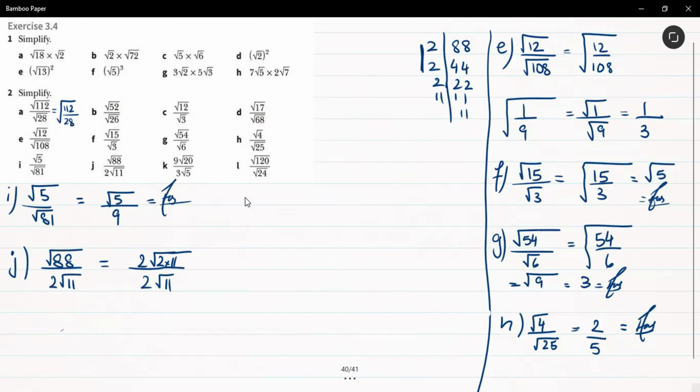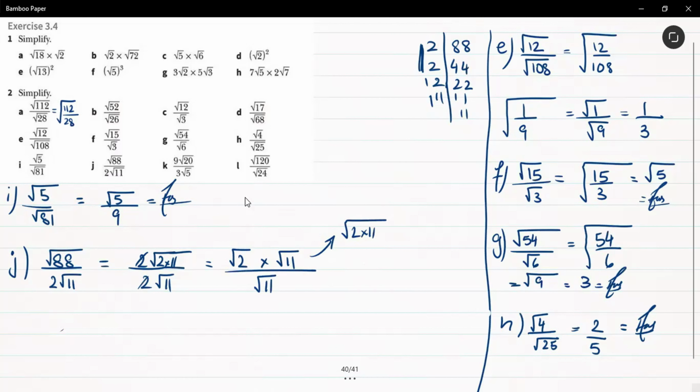So basically what's happening here, I hope that's clear till now, is that we simplified this 88, we got a pair of 2, but we did not make a pair of 2 and 11. So we put them in the root and took the pair out of 2. Now I'm just going to simplify. So 2 will be cancelled out with 2. We got under root 2 multiplied by 11. With the concept we discussed in the introduction of this lecture, we can say that this is equal to under root 2 multiplied by under root 11, divided by under root 11.